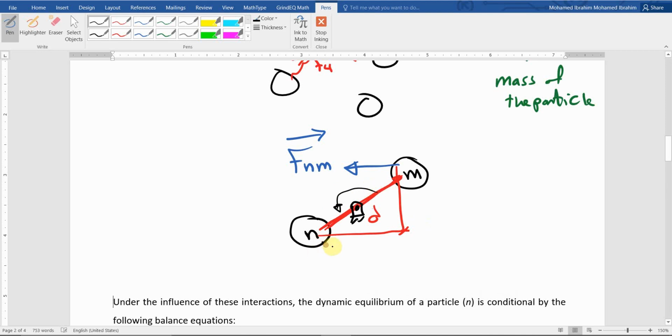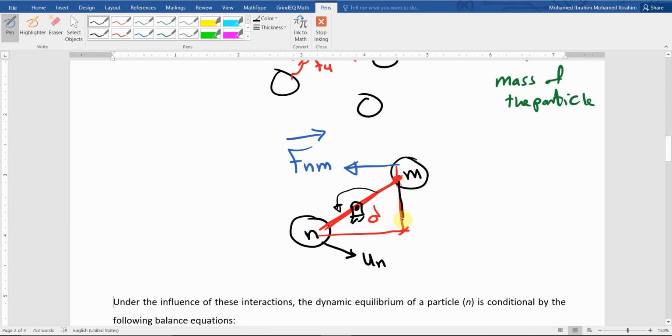It means that the displacement of the particle N, UN itself, will be due to two effects. One effect is the direct effect of the force as a force. The second effect is the indirect effect of this force as a moment.